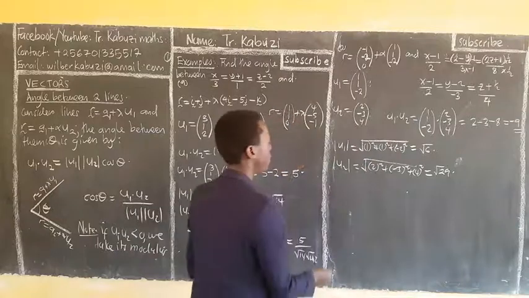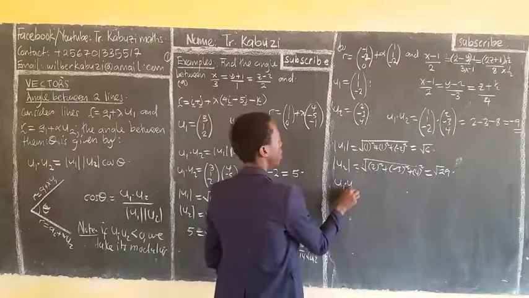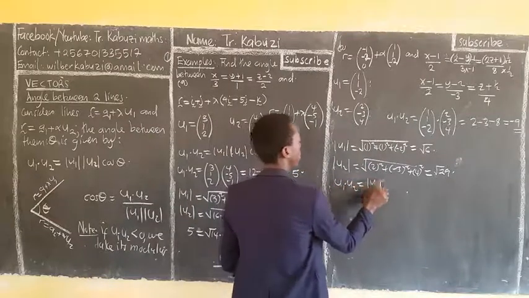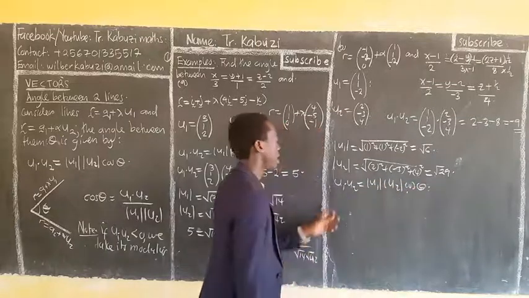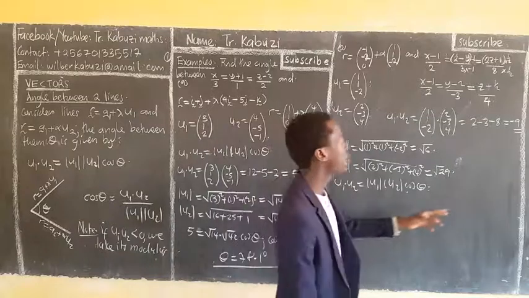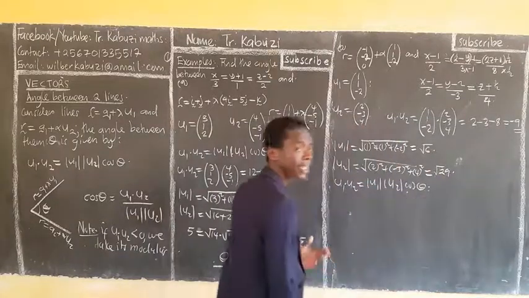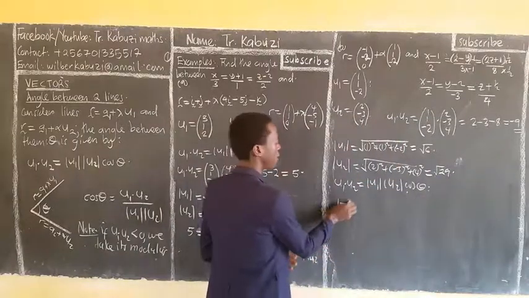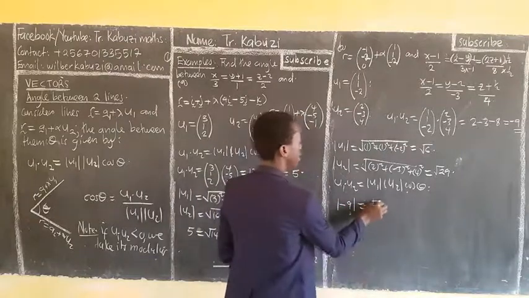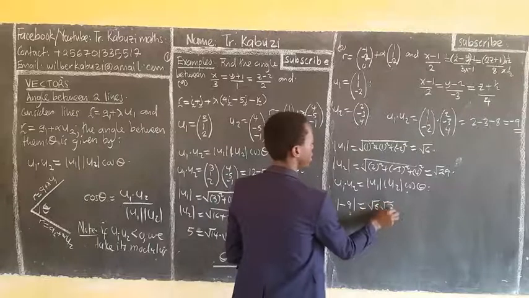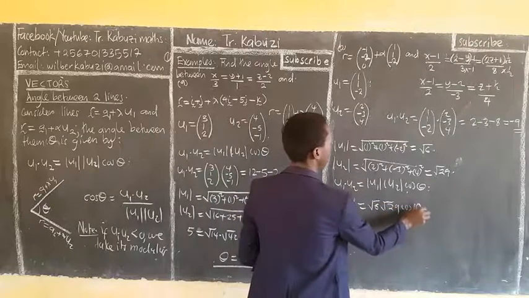From u1 dot u2 equal to modulus u1 times modulus u2 cos theta, because it's negative we take its modulus. So modulus of negative 9 equals root 6 times root 29 cos theta.